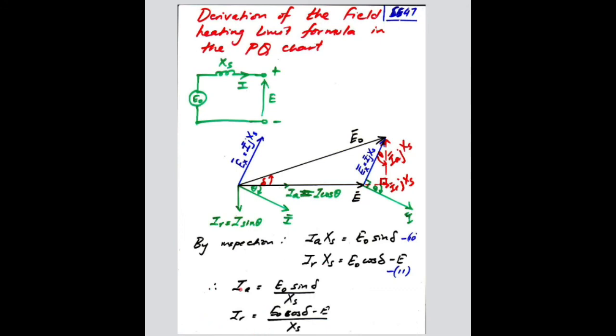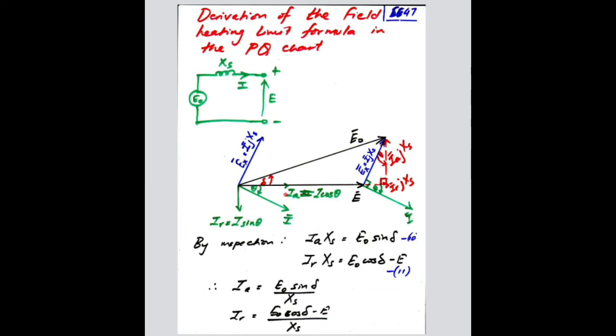So this is what I've written here. I said that IA times XS is equal to E naught sine delta, and IR times XS is equal to E naught cos delta minus E, right? And these are the two equations that I've written there, equations 10 and 11. I'm calling I cos theta the IA.